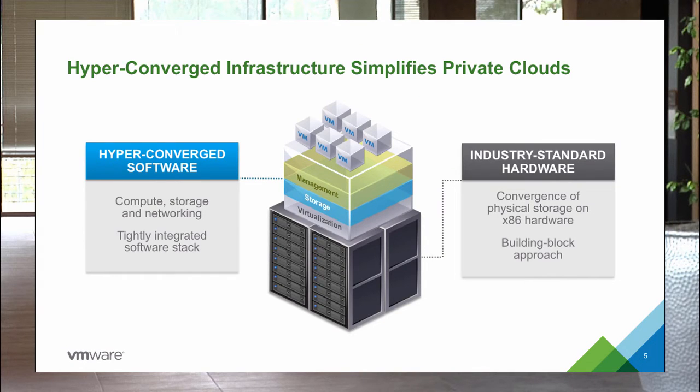VMware fundamentally believes that hyper-converged infrastructure is a software-driven architecture, not limited to just one specific deployment model or hardware-locked configuration. HCI is about leveraging two fundamental components inside of virtual SAN: hyper-converged software and industry-standard hardware, so that there's a lot of flexibility.